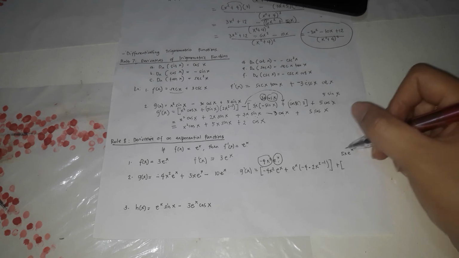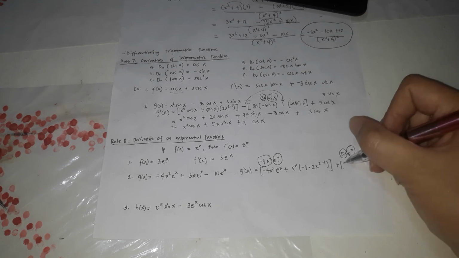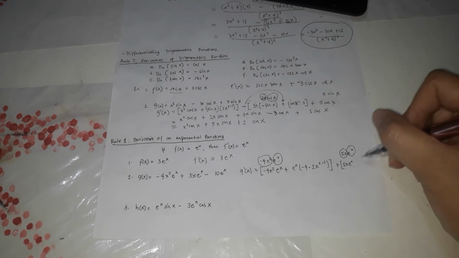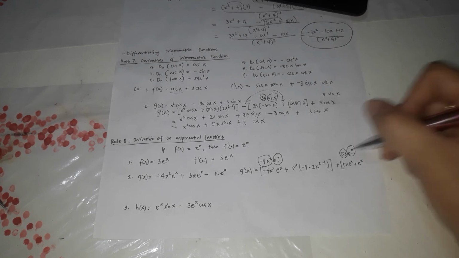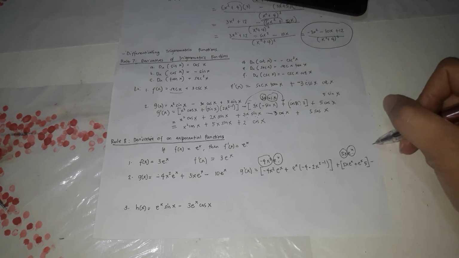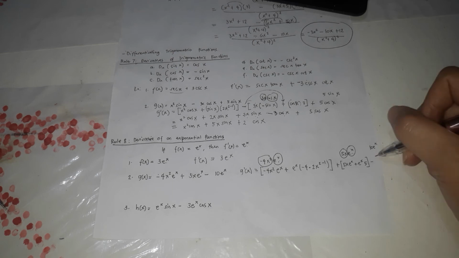So product rule pa rin. So 5x tapos sa e^x. So 5x, derivative niya, e^x. Plus, kopyahin mo siya, derivative niya, 5. Minus 10e^x. So copy 10, derivative ni e^x pa rin. Sorry for that.